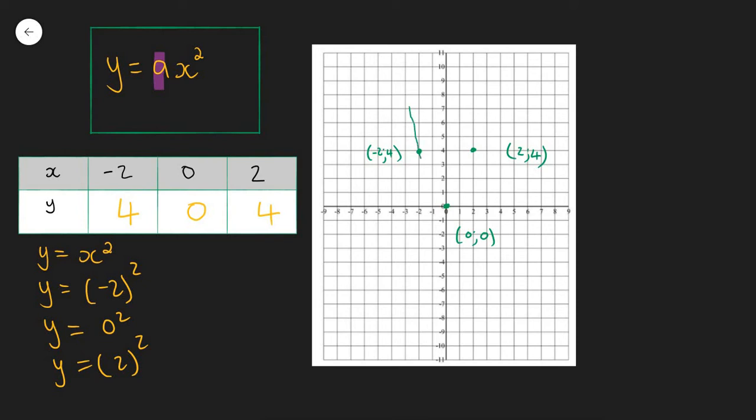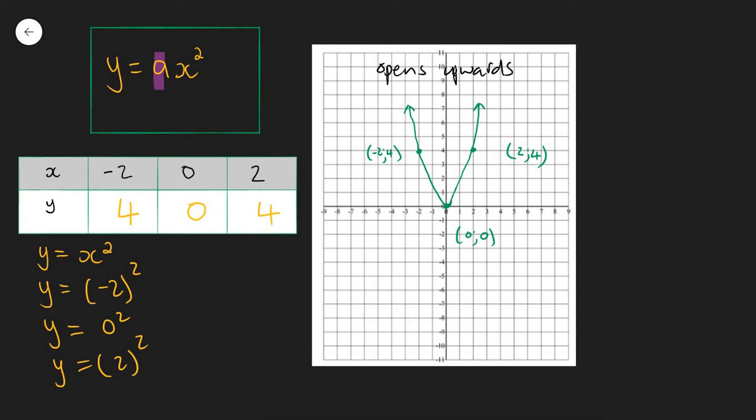This is not the easiest thing to draw with. It should be a little bit rounder. Forgive me for that. Alright, so there we have it. Do you see that this graph opens upwards?